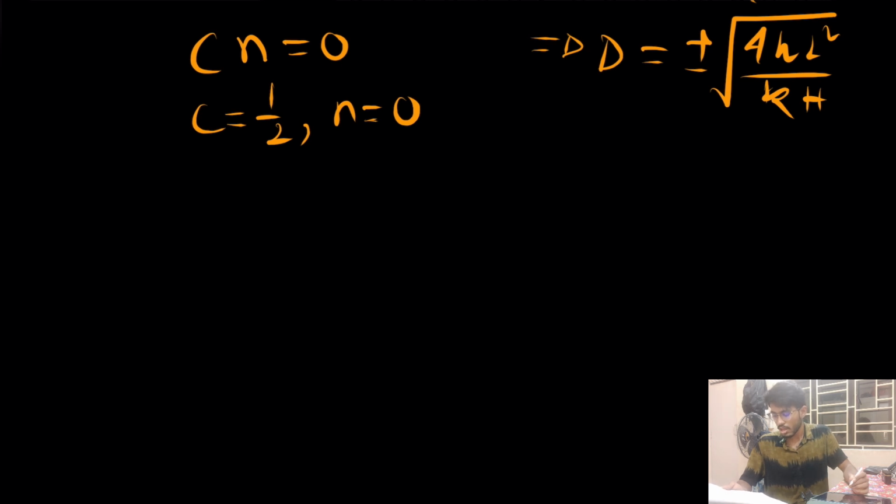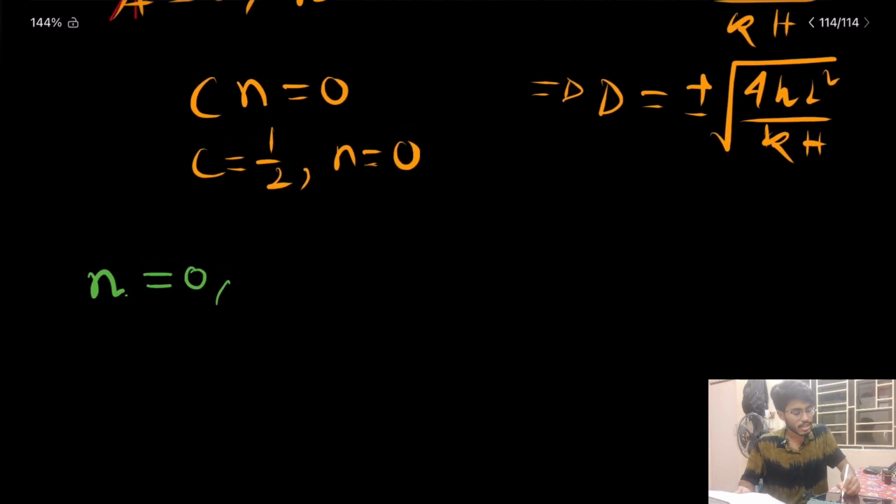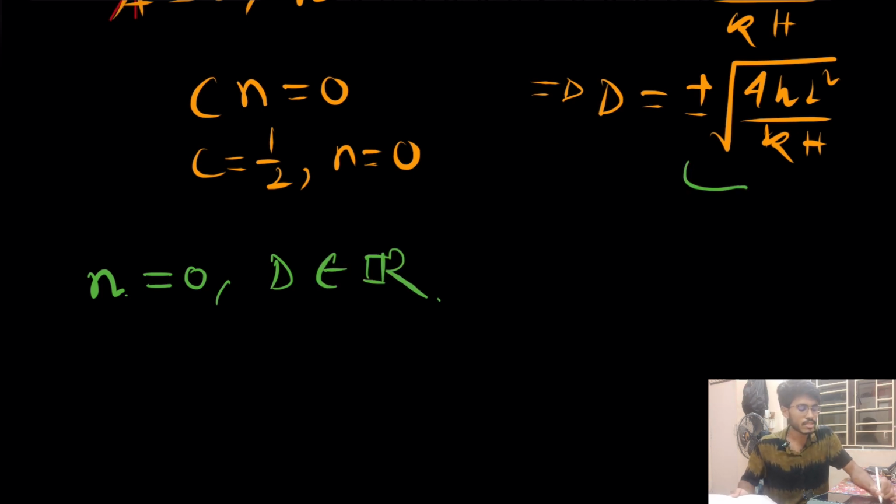According to the conditions, N is equal to 0 and D is real, because there is no imaginary thing here, right?